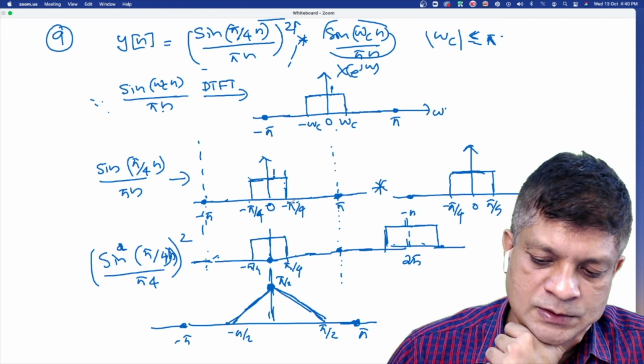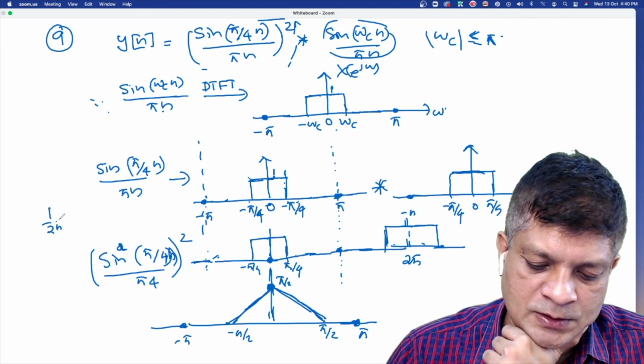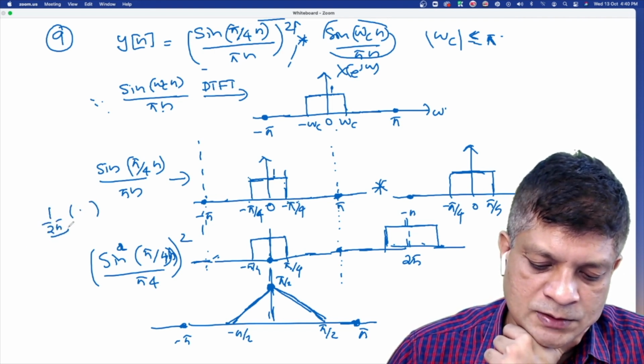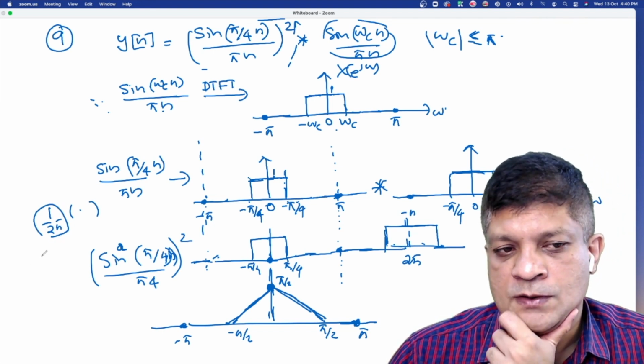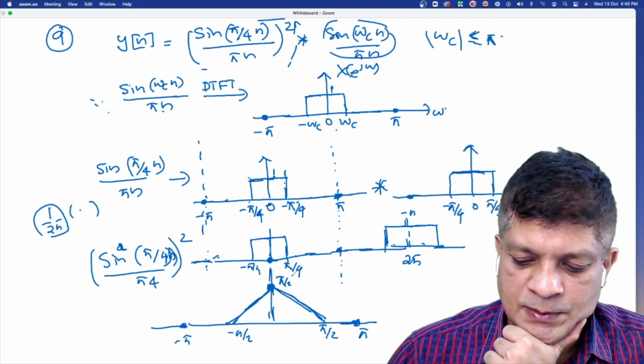What is the convolution property? It has the factor 1 by 2 pi.